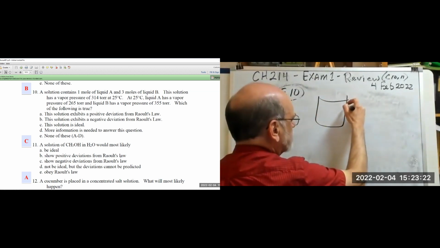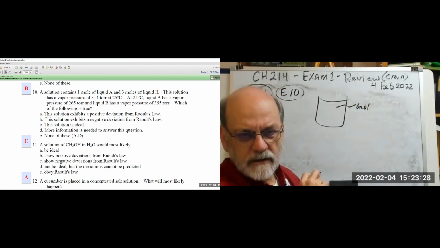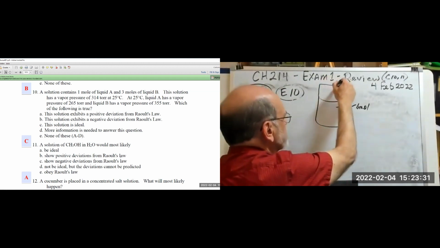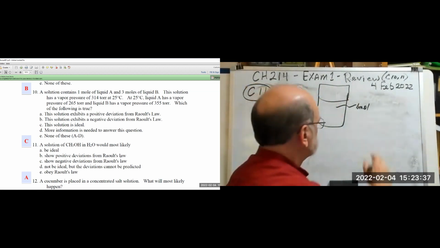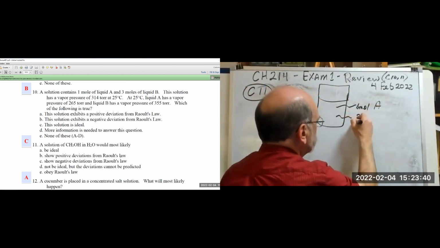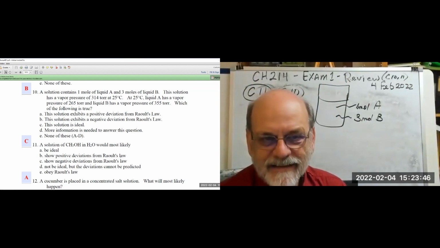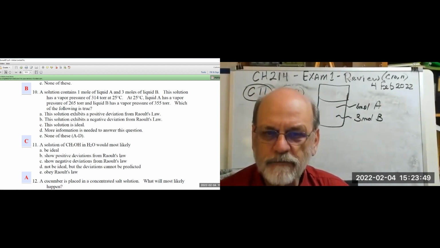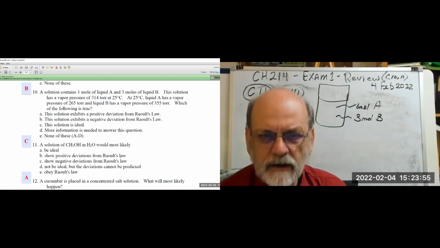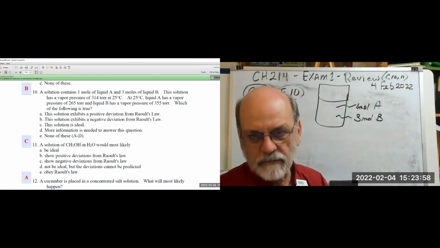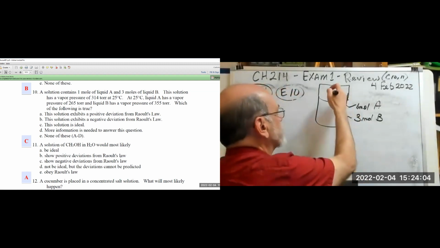Vapor pressure, so it needs to be sealed. 1 mole of A and 3 moles of B. This solution has a vapor pressure of 314 torr at 25 degrees. And it looks like the temperature is not changing, right? So 25 degrees is constant.